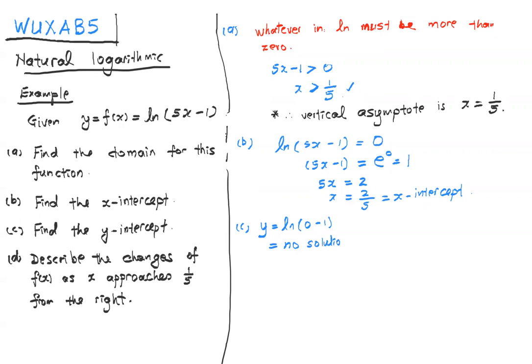You do like that. Okay. So this answer, compared to this answer from A, x is greater than 1/5. So x cannot be 0. So therefore, there isn't a y-intercept.